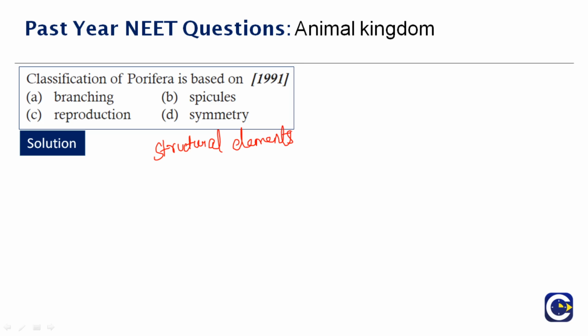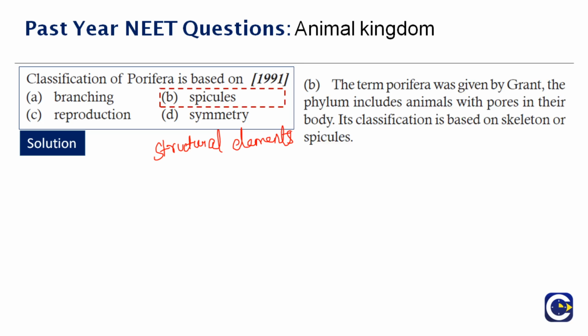So how can you classify Porifera? It's based upon the spicules present in their body. While branching, reproduction and symmetry are common in most organisms, and for reproduction there are only two means, asexual and sexual, so again you can't classify with them. When you talk about sponges, the exclusive classification begins with spicules. The correct answer is option B.